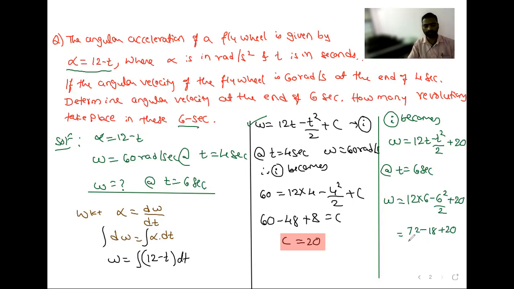What is the answer? 74. Omega is equal to 74 radian per second. Is it clear, everyone? Yes, sir. Okay, take it down, all of you. Have you written? Yes, sir.